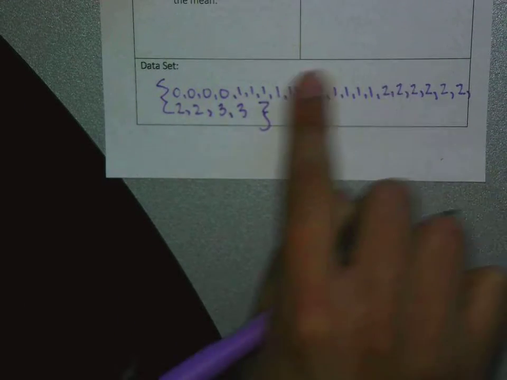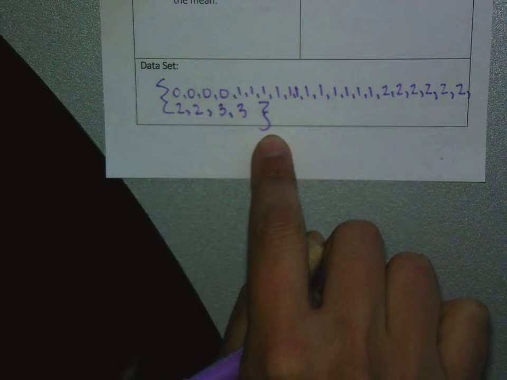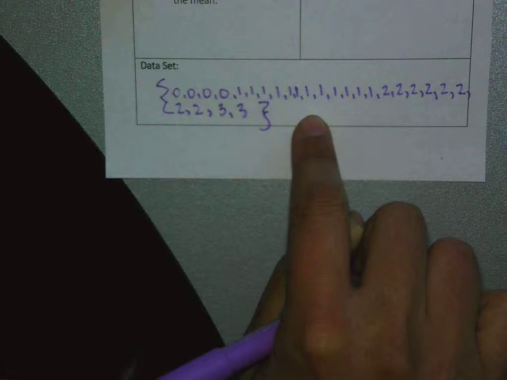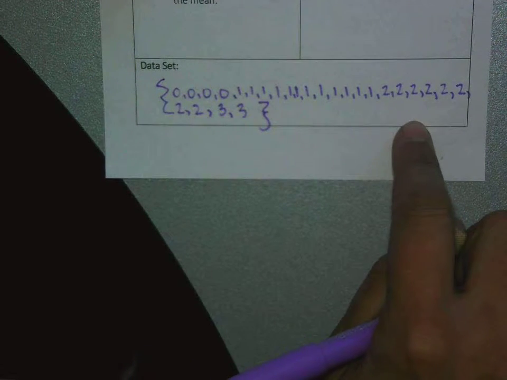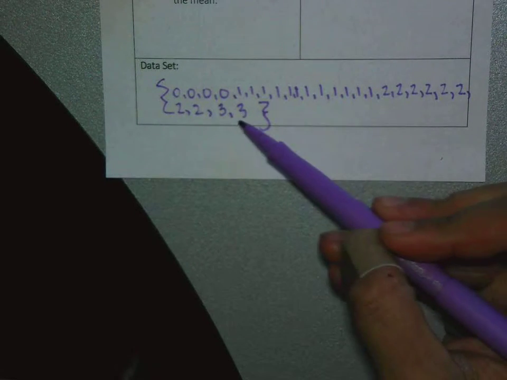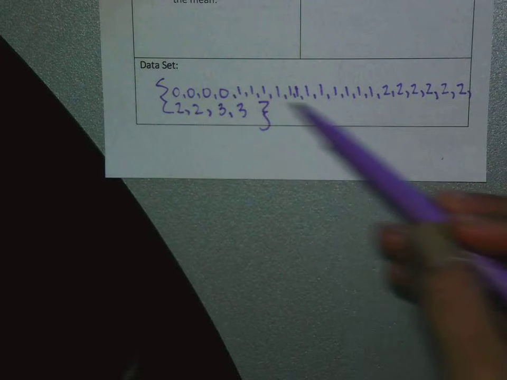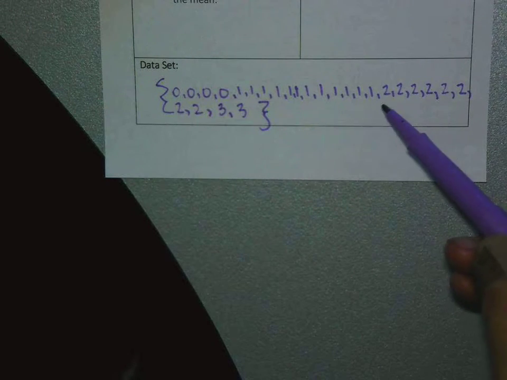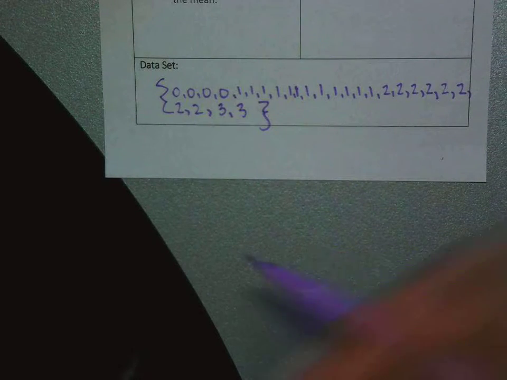So hopefully, by writing the data out this way, you can see why we want to use a frequency table instead of just listing the numbers. These numbers would be super hard to keep track of. If I wanted to find the median, I'd have to really go carefully and really slowly to figure out which number's in the middle. The mean, it would take a super long time making sure I added each number up.